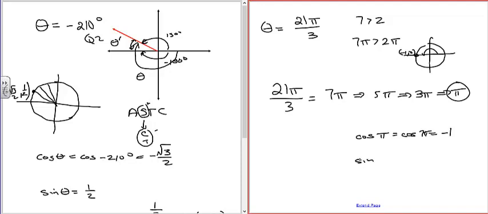The sine of π, which is the same as the sine of 7π, is equal to 0. And the tangent of π, which is the same as the tangent of 7π, is equal to 0. How did I know that? Because tangent is sine over cosine.